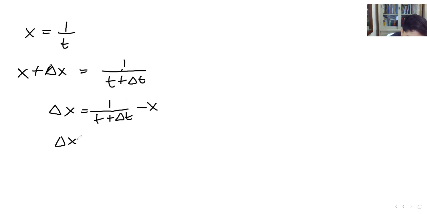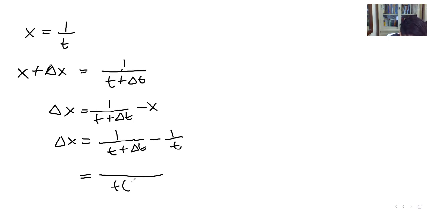So delta x equals 1 over t plus delta t minus 1 over t. So now the LCD of both of these is t times t plus delta t.